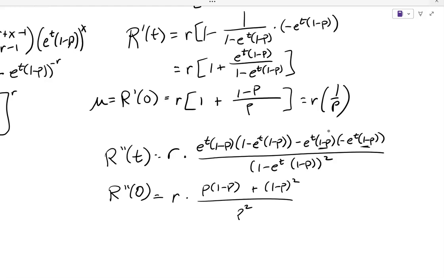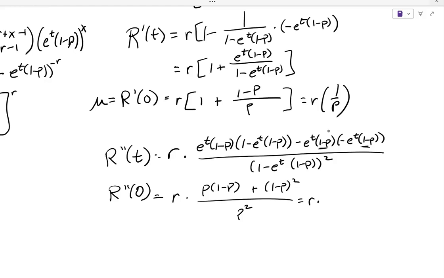What does the top simplify to? Let's see if we can figure out a guess. Geometric and negative binomial are related to each other, right? Geometric is a special case of the negative binomial. It's if it's first success, right? r equals 1. What was the variance for your geometric? 1 minus p over p squared.